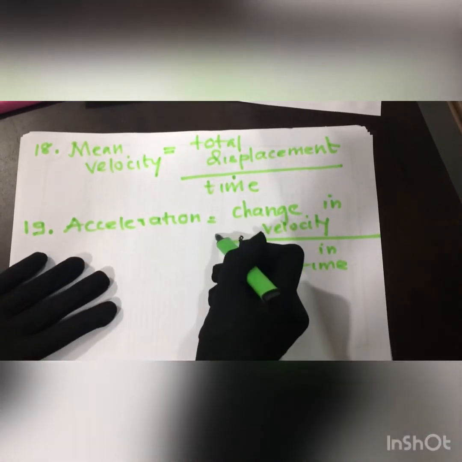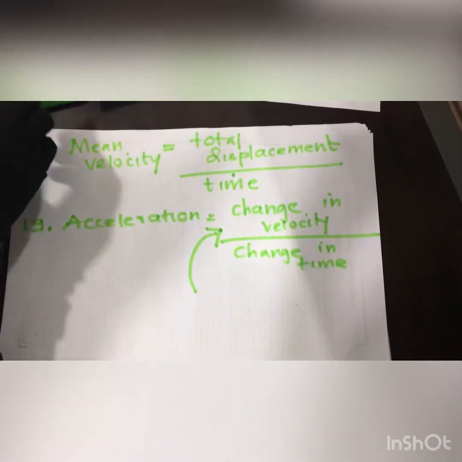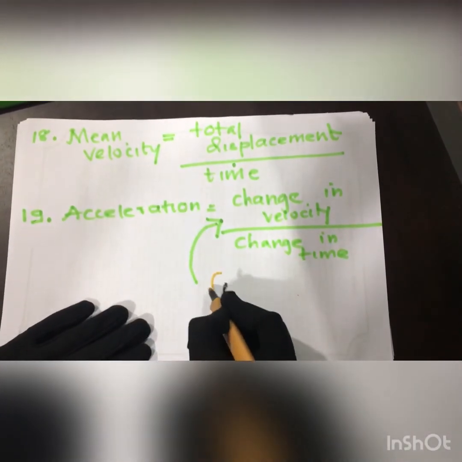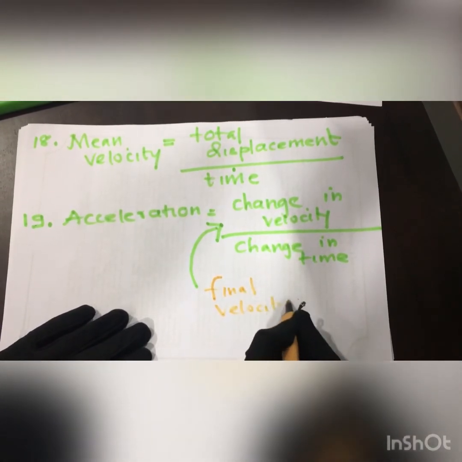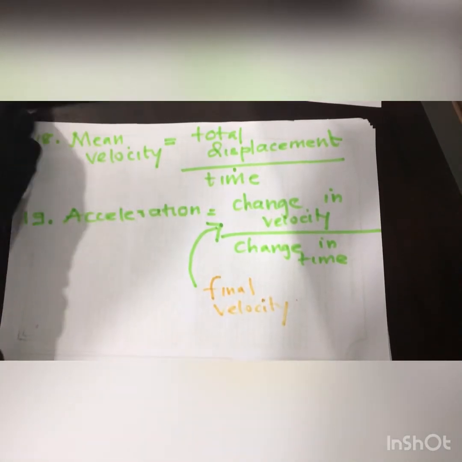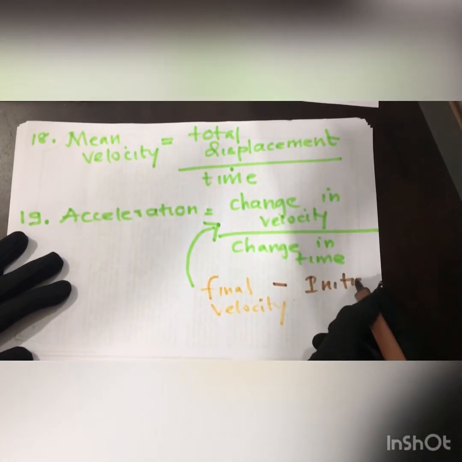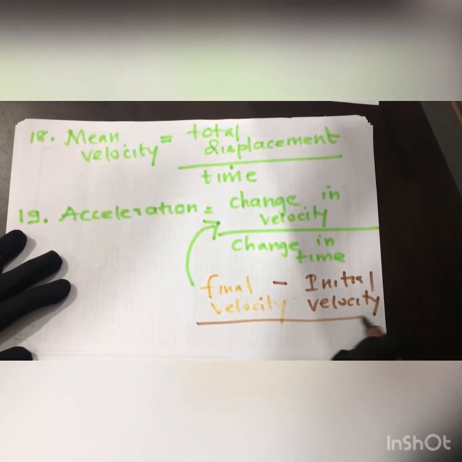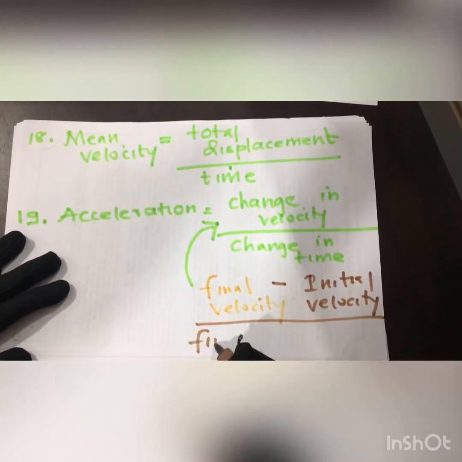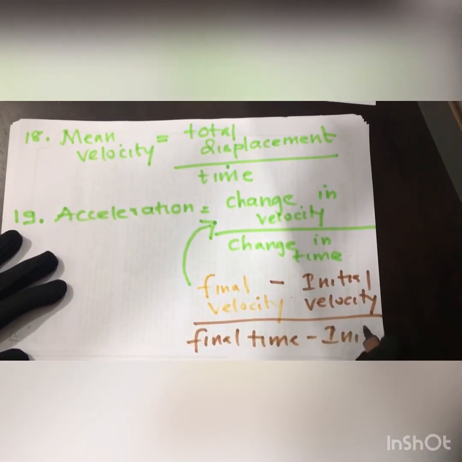Change in velocity is the final velocity minus the initial velocity, over final time minus initial time.